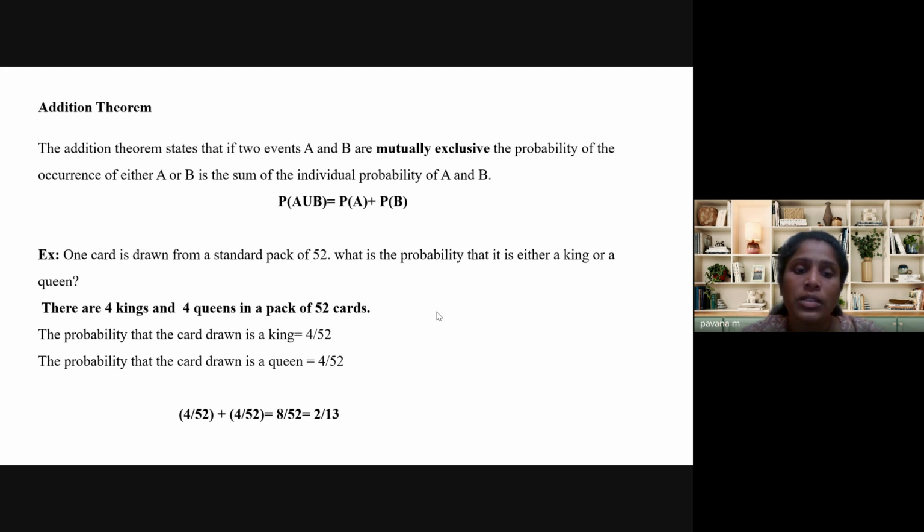Now, what is the probability of getting king or queen? 4 by 52 for king and 4 by 52 for queen. Total is 8 by 52, that means 2 by 13. So this is called the addition theorem. Because these two events are mutually exclusive, you can apply the addition theorem in this situation.